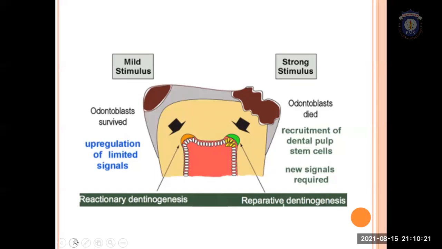So the dentine is formed as a reaction to the mild stimuli, whereas sometimes the stimuli will be so strong that the original odontoblast cannot survive the injury. So in those cases, the pulp will activate the undifferentiated mesenchymal cells. So the cells are recruited, they differentiate into odontoblasts, and the newly formed odontoblasts will produce new dentine.